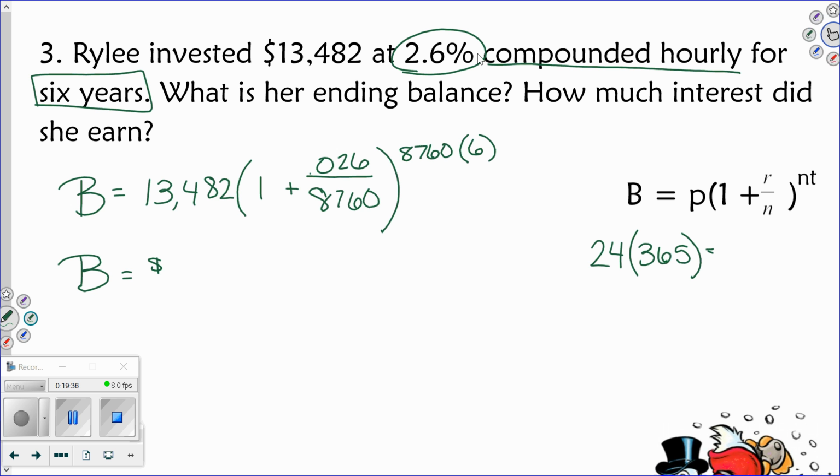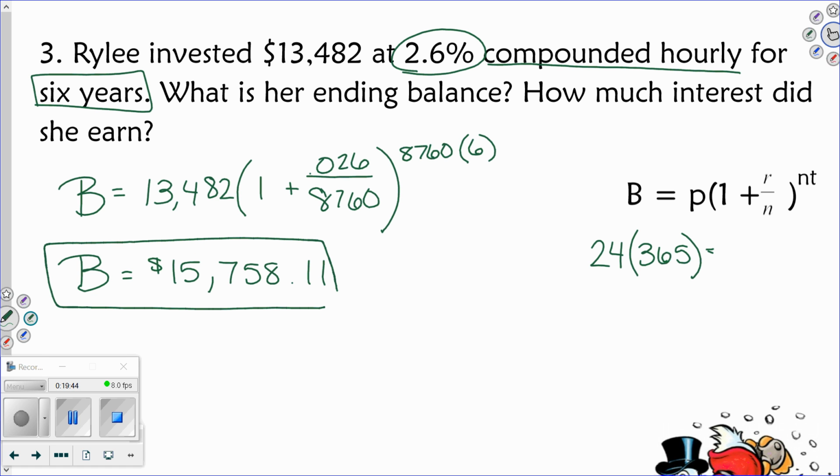After 6 years, they would have $15,758.11. All right, so that is finding her ending balance.